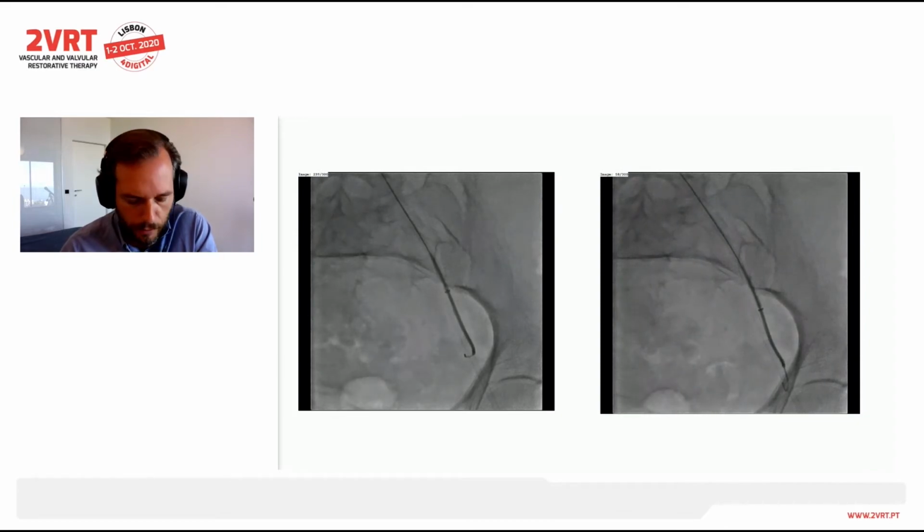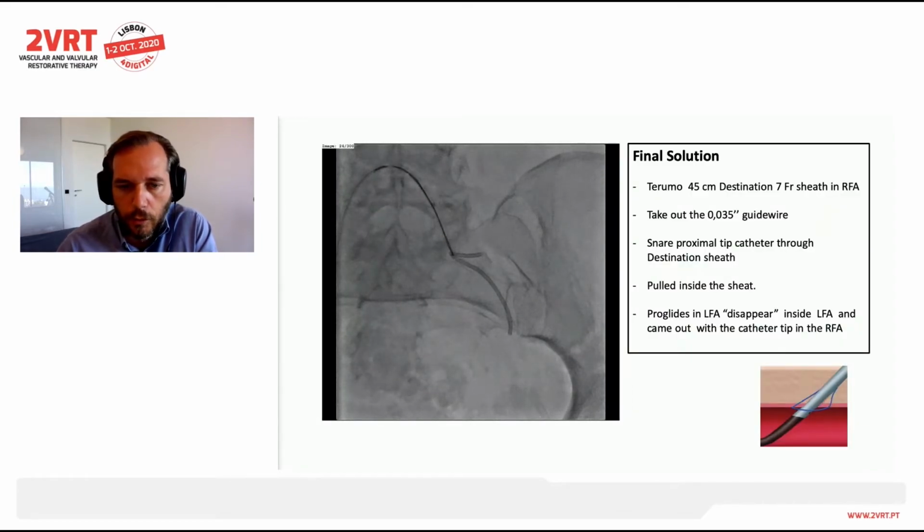We didn't do it. So we had to make a decision to take out the guide wire, and with a snare, we placed the Terumo 45 centimeter Destination 7 French sheath through the right femoral.